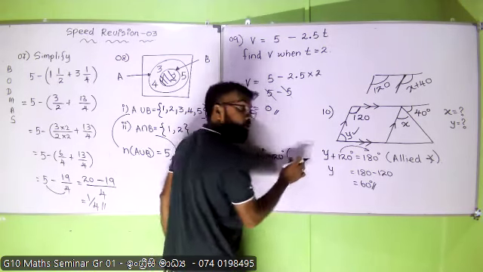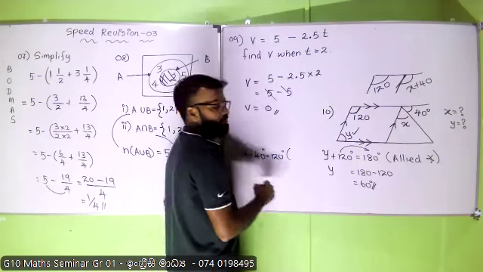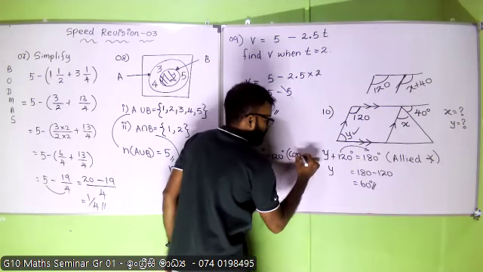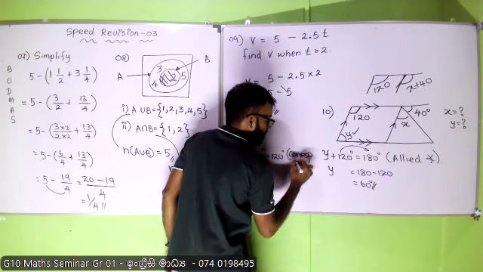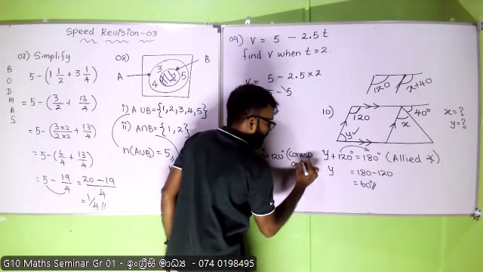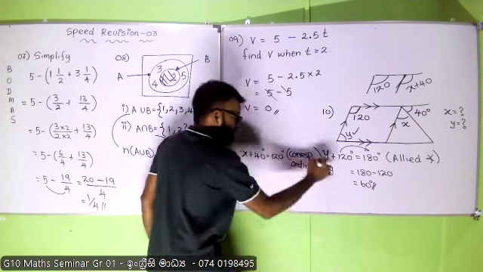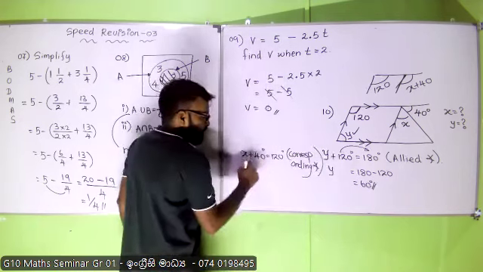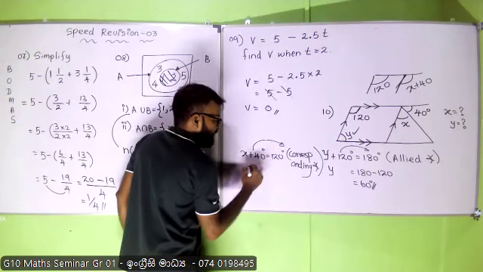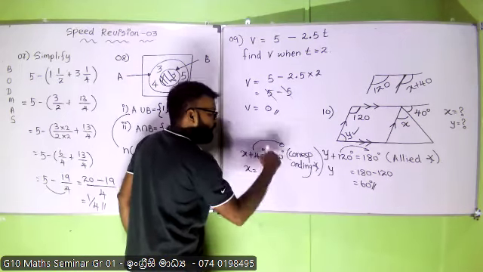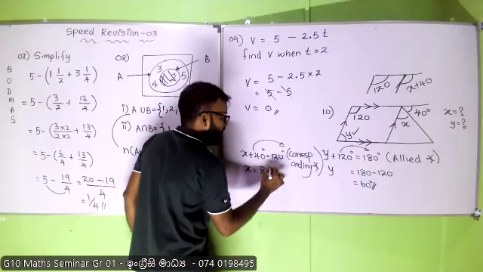Sorry, not alternate, corresponding angles. That is the reason. So take this 40 to the other side. X will be 120 minus 40. X will be 80.